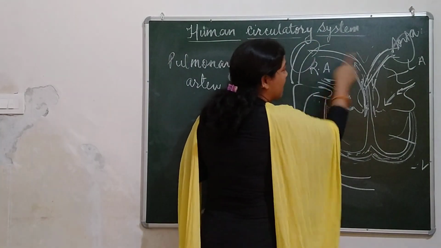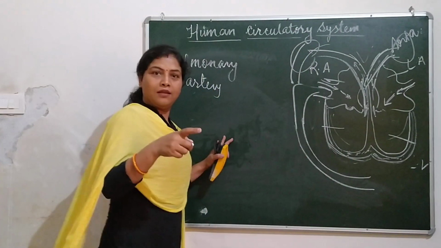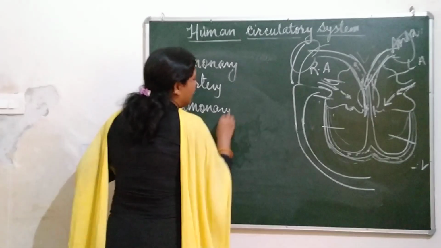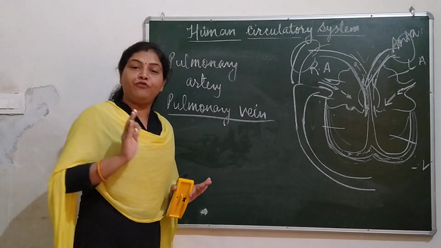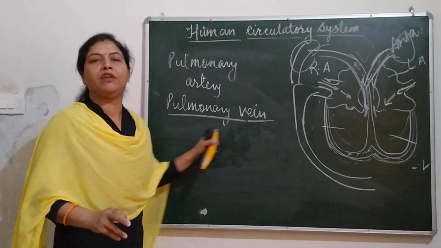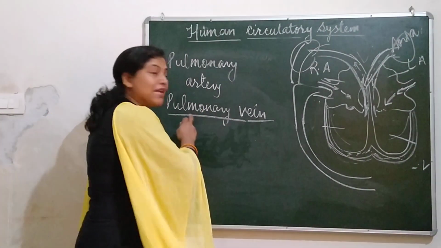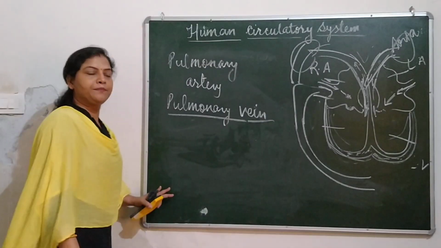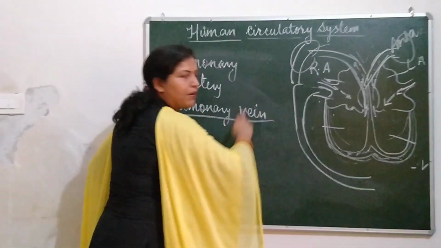So the blood came back to the left part of the auricle via the pulmonary vein. Once again, let me tell you, all veins of your body carry deoxygenated, impure blood, except this pulmonary vein. This pulmonary vein carries pure blood because it starts from the lungs and goes to the left part of your heart.